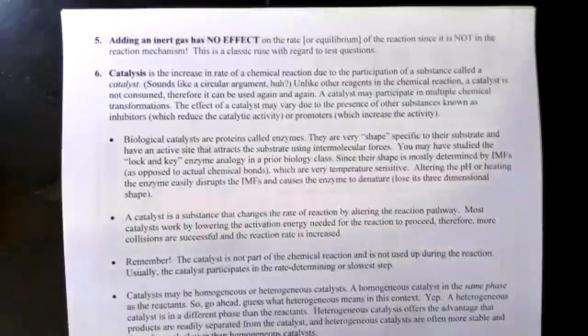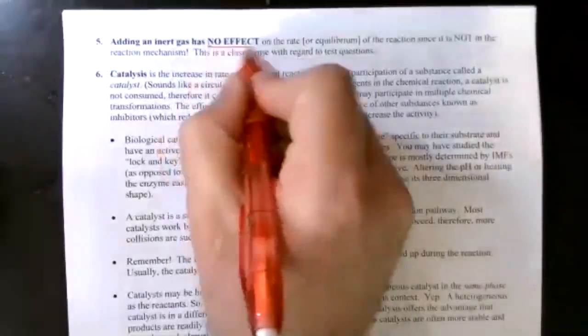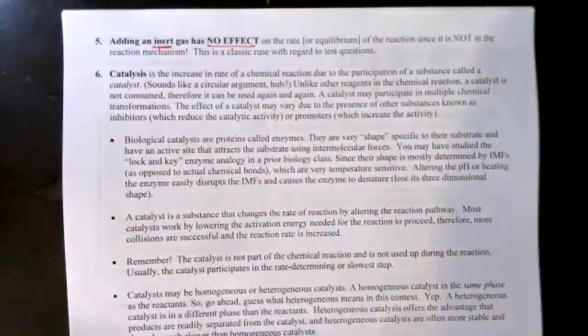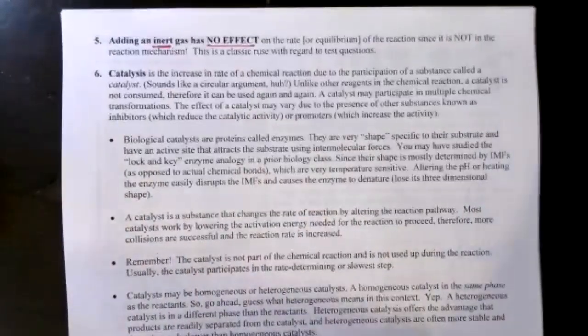Next, well, what if we add an inert gas? If you can read here, you can see it has no effect. Why does it have no effect? It's inert. Adding an inert gas, one of the halogens, for example, isn't going to affect the reaction rate. That's a trick question that the AP exam often likes to ask.